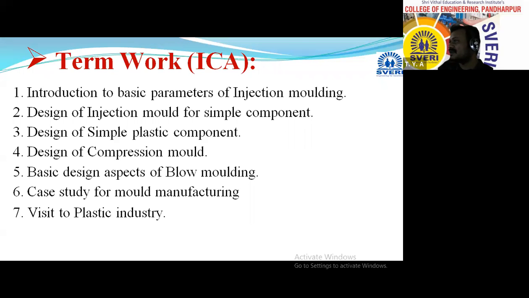Then there are black colored pipes. HDPE pipes, LDPE pipes are there. What is HDPE? What is LDPE? That we will discuss in the 1st chapter. Low density polyethylene, high density polyethylene.